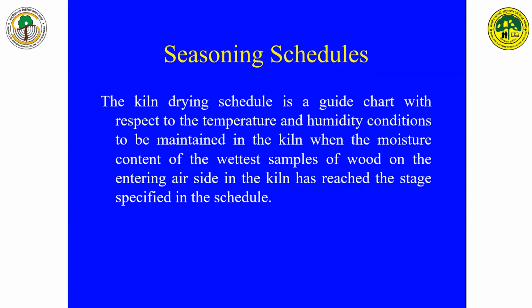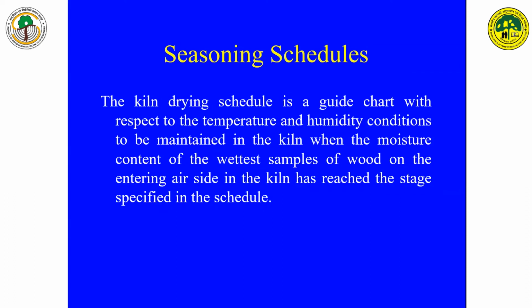Then these seven seasoning schedules, I will repeat, seven seasoning schedules have been developed for Indian timbers, and almost all timber can be seasoned by using either of these schedules. Schedules 1 and 2 are very fast, meaning woods meant to be seasoned using schedule 1 and 2 will take a maximum of 5 to 7 days inside the kiln to season to a desirable moisture content.